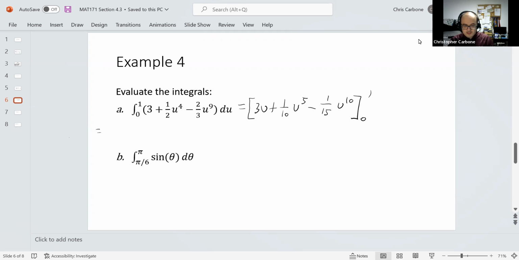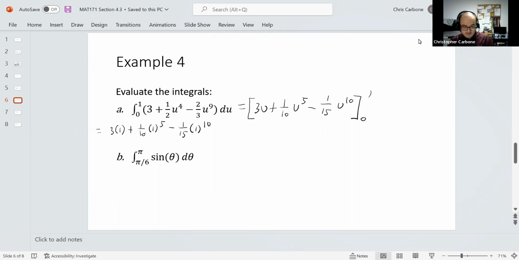So this would be 3 times 1 plus 1/10 times 1 to the 5th minus 1/15 times 1 to the 10th. And we would put in minus the integrated portion at 0, but that would just give 0 again.